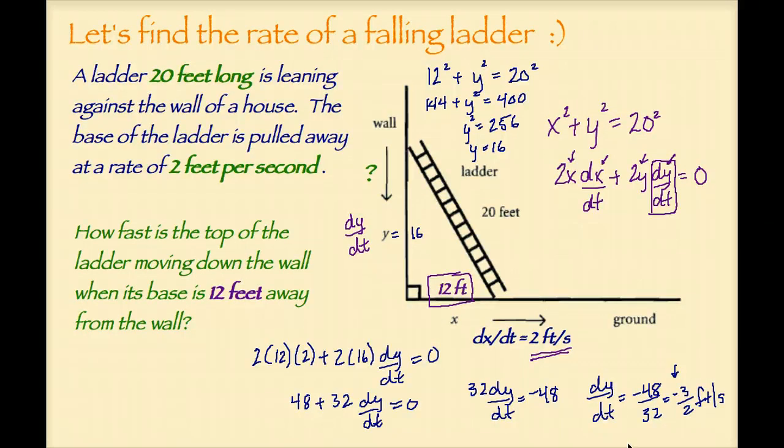Now realize that these rates only apply when the x distance is 12 and the y distance is 16. As the ladder begins to move down the wall and the triangle begins to reconfigure itself, then different rates apply. Yet we have a function here which will allow us to solve for any of the four variables given the other three quantities. So this function will provide all of the information that we need about the falling ladder.